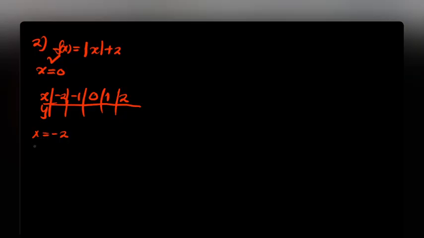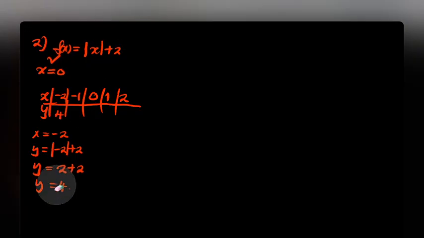We have y equal to the modulus of x, which we substitute with -2, then plus 2. So y equals +2, because the absolute value is +2, plus 2. So y is equal to +4.